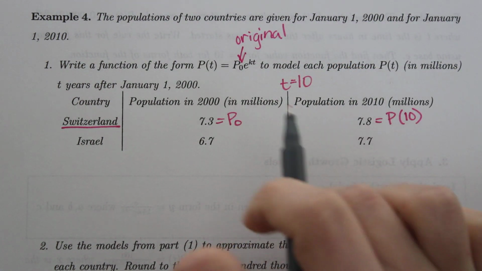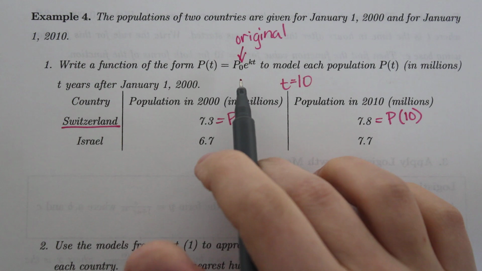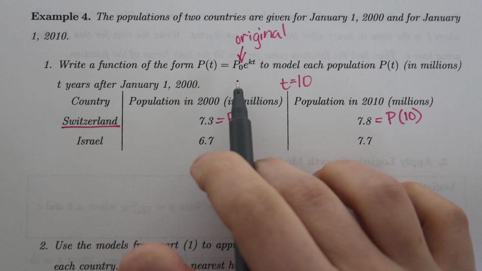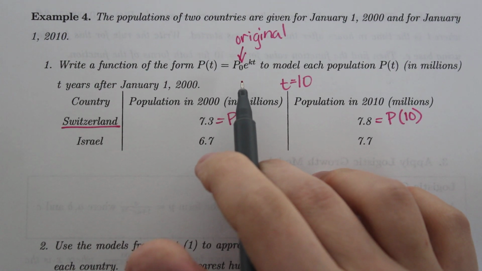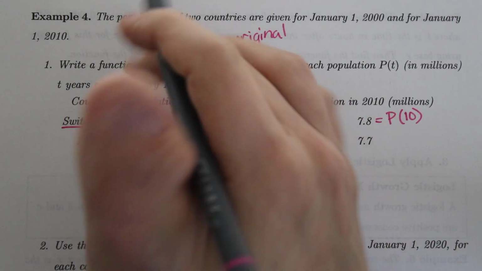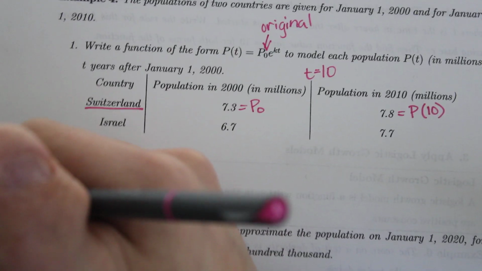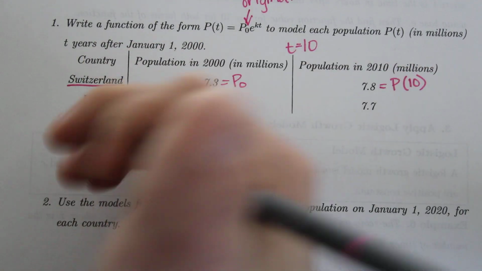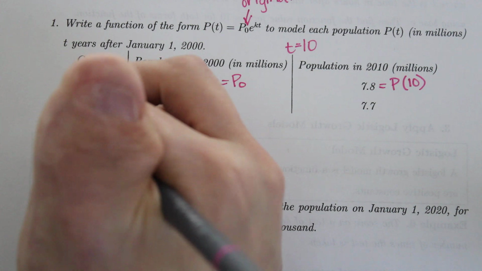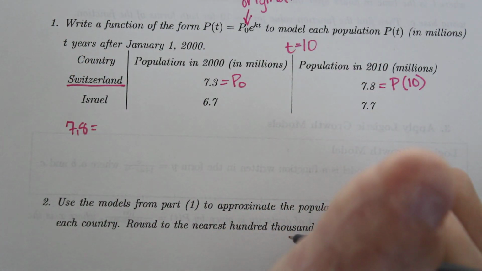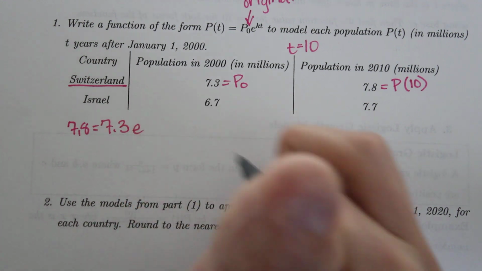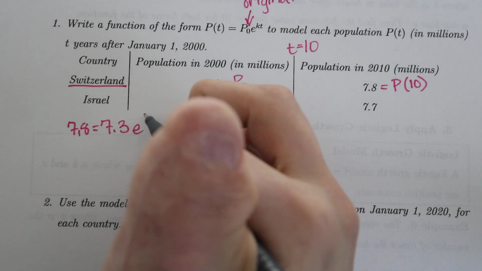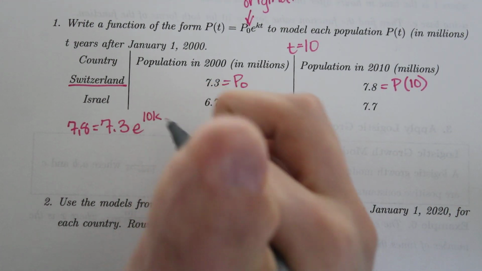Okay, and we're looking for our k value, which happens to be our growth rate. You don't know that explicitly, but that's what it's called. So we're going to plug these numbers in. So we have 7.8 is equal to P naught, which is 7.3, e to k times t, so 10k.